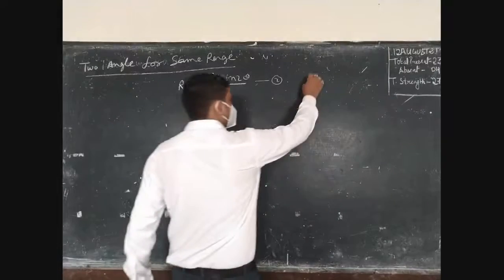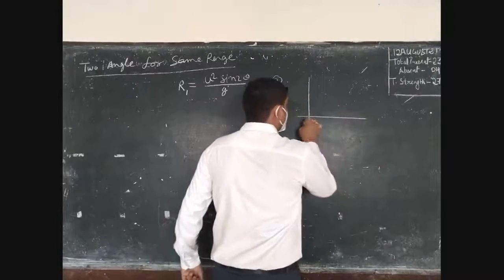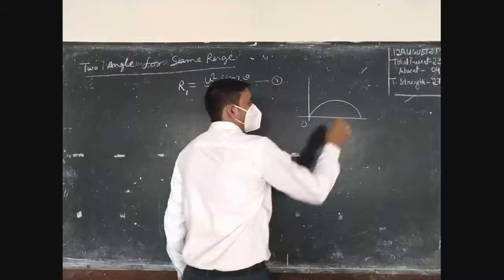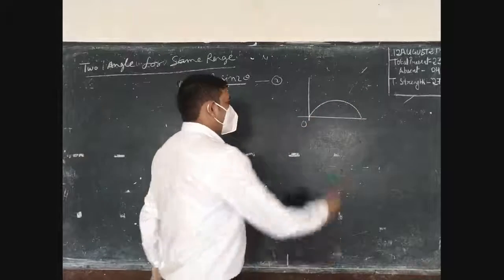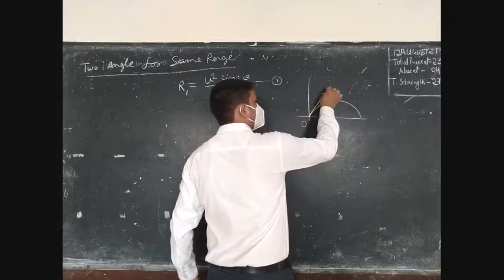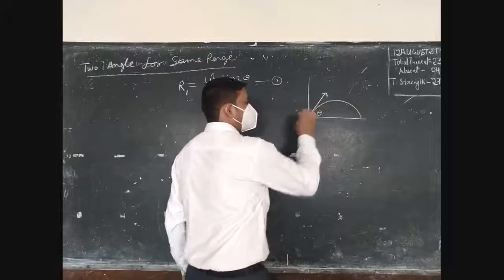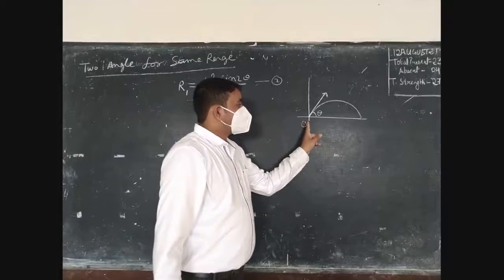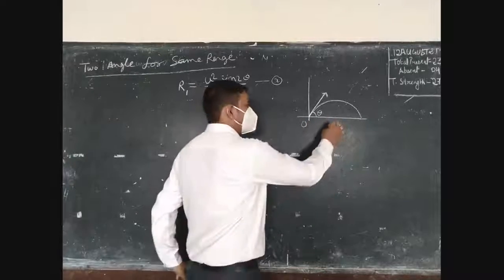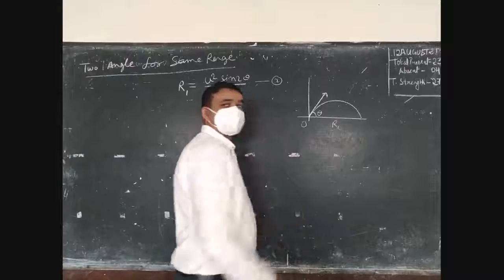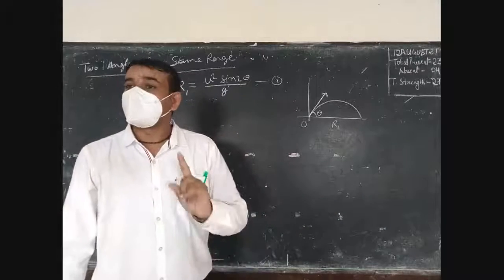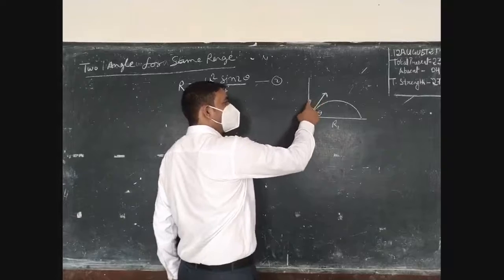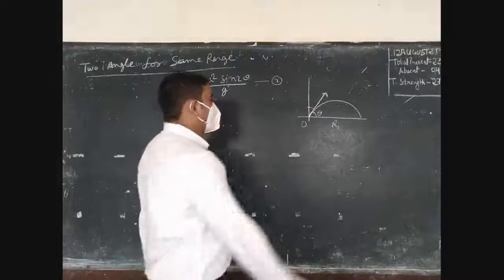Look, this is the origin and the projectile is thrown at this angle, let's say theta. We want the projectile to cover the same range, equal to R. So the other angle we have is the remaining angle, what is left over.